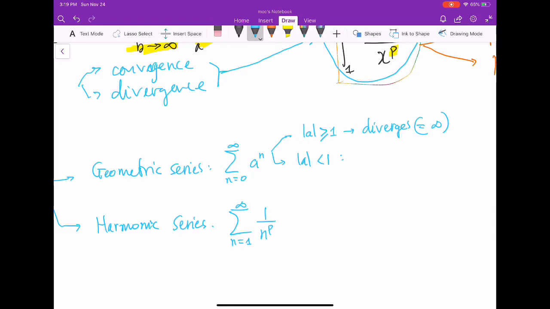That sum is just equal to, I'll write here, 1 over 1 minus a. So this is quite important, I'm writing it here. This series equals this value when the absolute value of a is less than 1. Okay, don't forget about that.